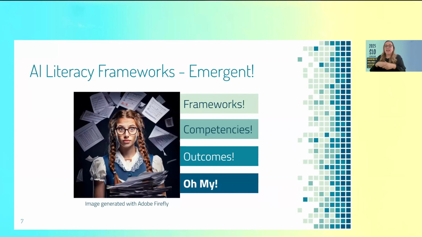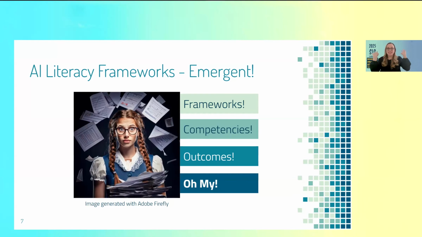As I mentioned, AI has been a field for a long time. And so there are several emergent frameworks around AI that predate the release of ChatGPT in 2022. But since then, man, those frameworks have proliferated. If you do a Google search or a Google Scholar search for AI literacy or AI literacy framework, you are going to be quickly overwhelmed by the volume of everyone throwing their voice into the chorus.